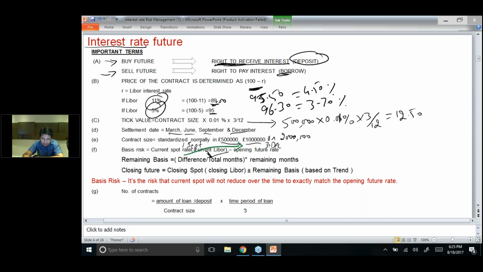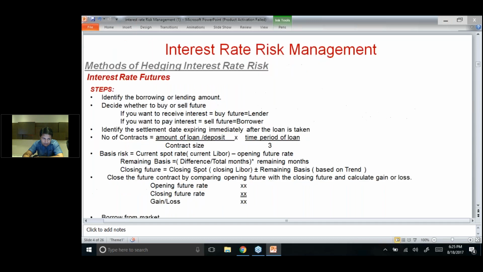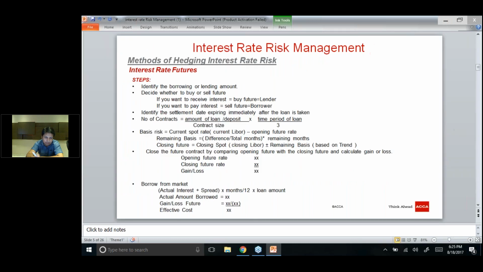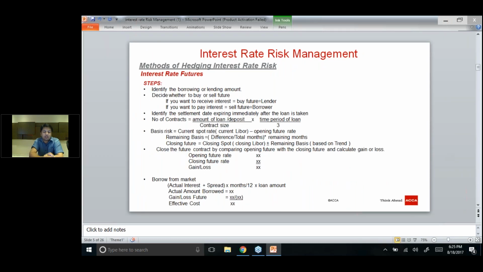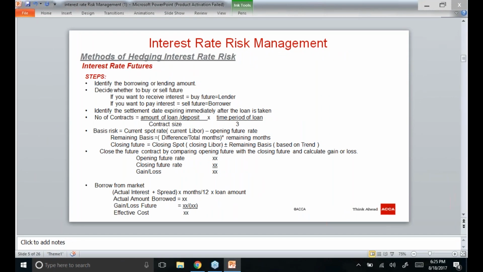Okay, I'm moving to the next slide. These are the steps which you have to remember. Okay, the first one is identify the borrowing or lending amount.